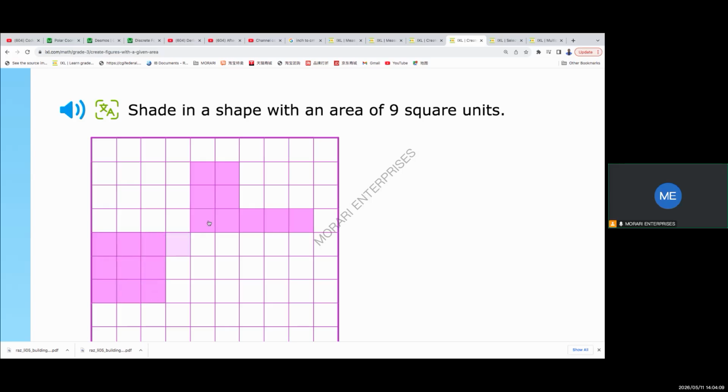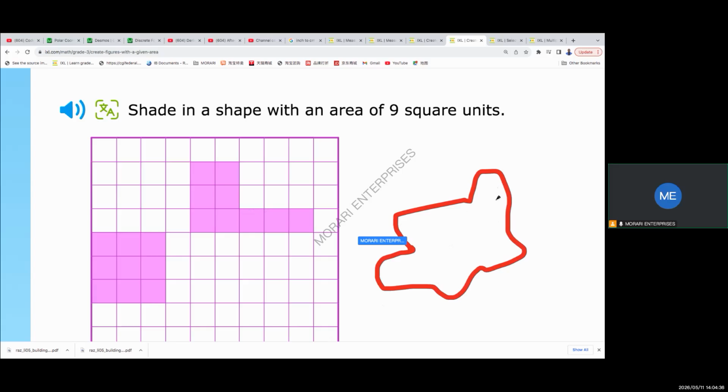So these two have the same area, the same amount of space we fill in this shape and also in this shape. So again, space can be in regular shapes, or can be irregular shapes like this.